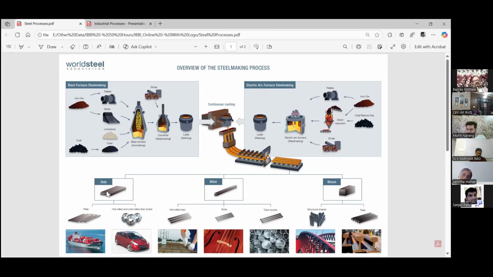Okay. So the major machinery that you will find in a steel plant may be a conveyor belt for the coal and iron ore. You will find a sinter plant. You will find a pelletization plant. You will find a blast furnace. You will find a converter. You will find ladles.